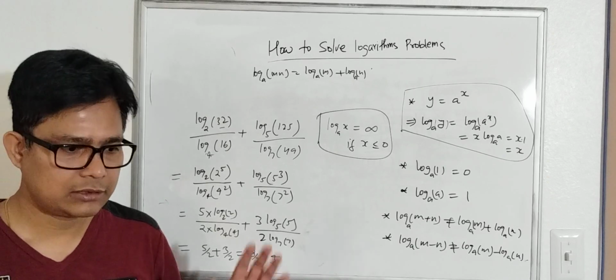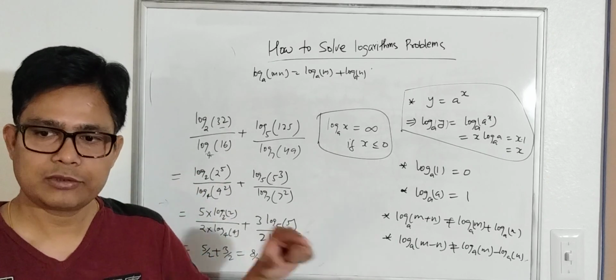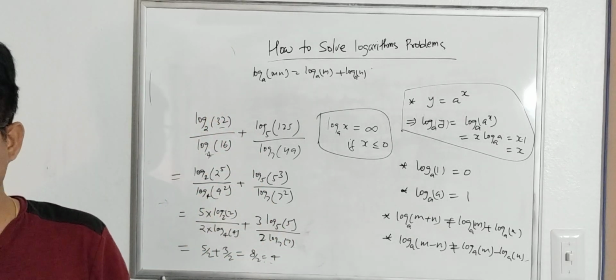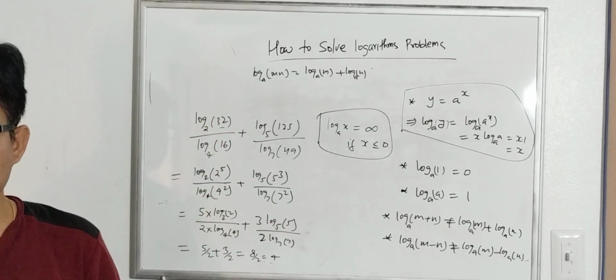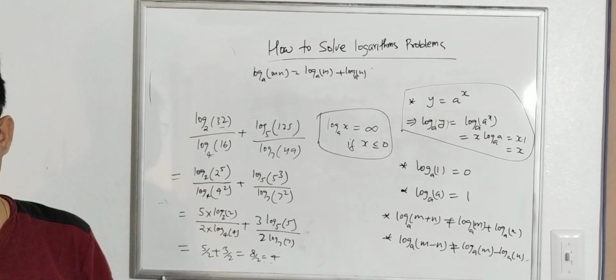It's not that you found the answer and should be happy. Stop. Put those answers back into the expression to see if they satisfy it or not. If for some value the expression is undefined, then discard those answers.